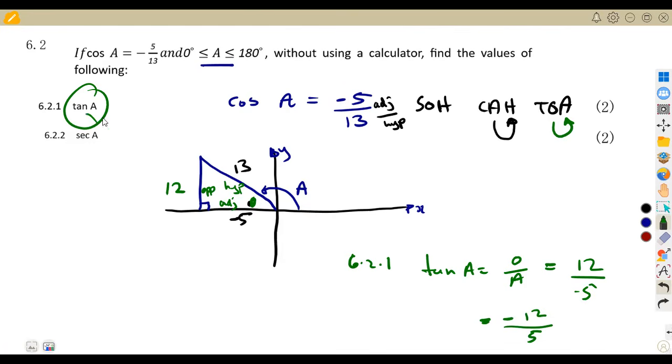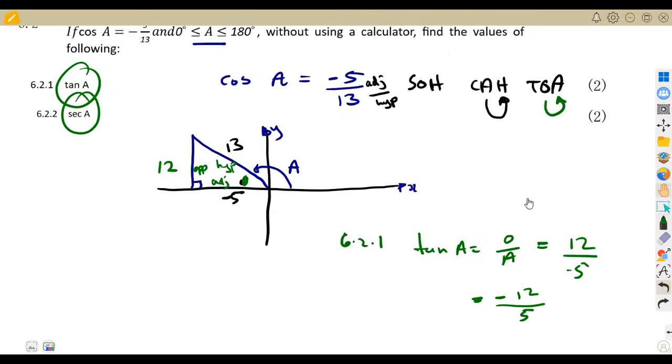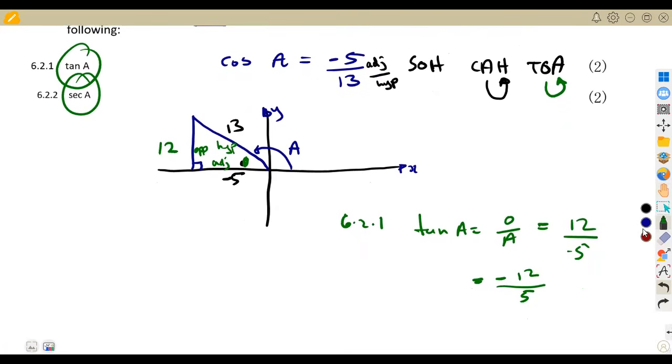Then the sec of A on 6.2.2. Remember that sec of A represents 1 over cos A. And we said cos is adjacent over hypotenuse, so it's a reciprocal. So 1 over cos A is the hypotenuse over the adjacent.